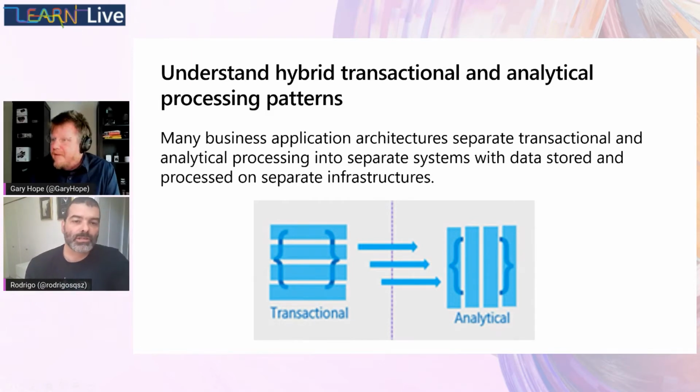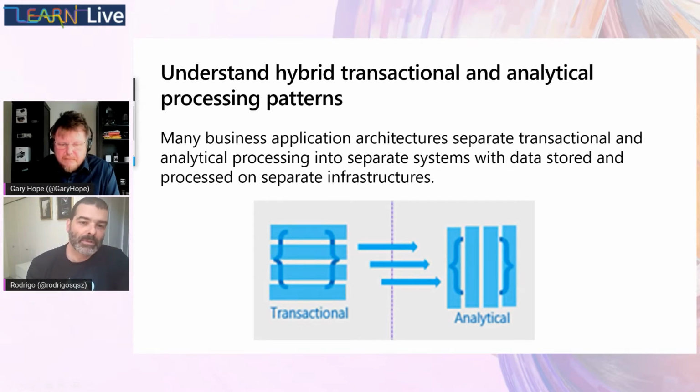Before understanding what hybrid transactional and analytical processing is, what we had before is that companies used to separate transactional and analytical processing to avoid these two kinds of workloads competing for the same compute and data resources, right?